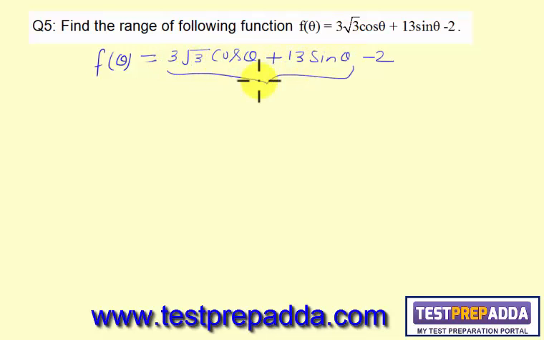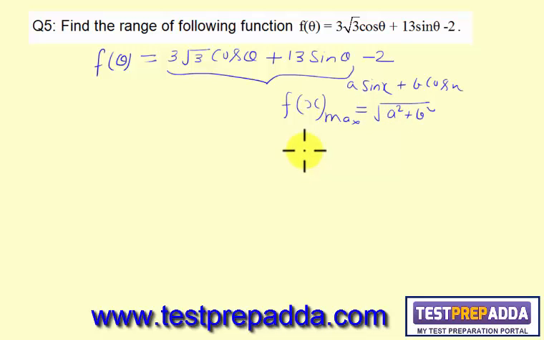Now again you recall, we just discussed the maximum value of the function a sin x + b cos x. What is the maximum value we got? Root a square plus b square.